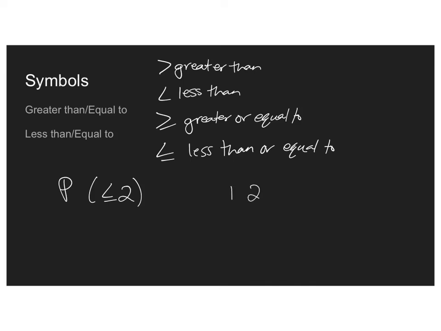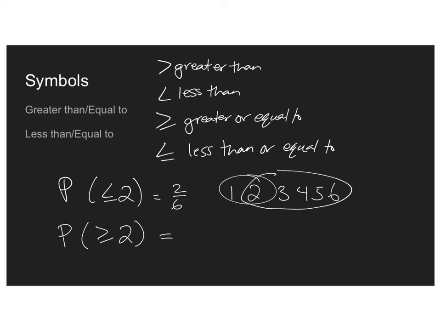On a dice, all our outcomes are like this. So there are 2 outcomes, so that's 2 out of 6. Or the probability of greater than or equal to 2. Well, greater than or equal to 2 would be 5 out of 6 outcomes. So you might see these symbols, greater than, less than, or equal to, in your assignment.